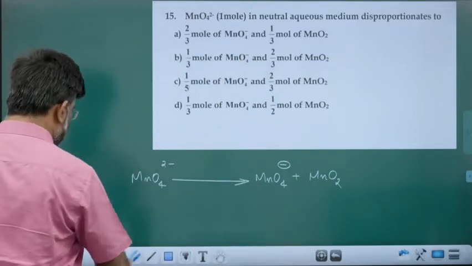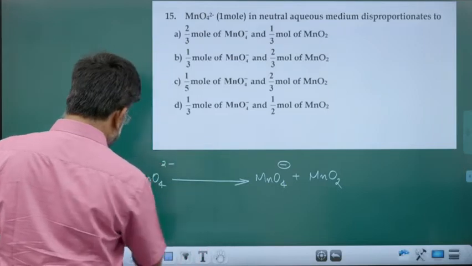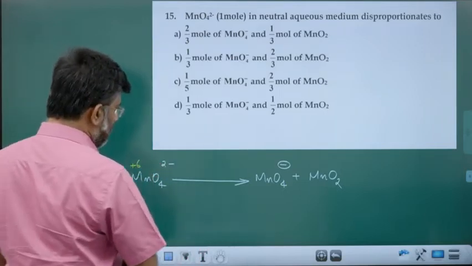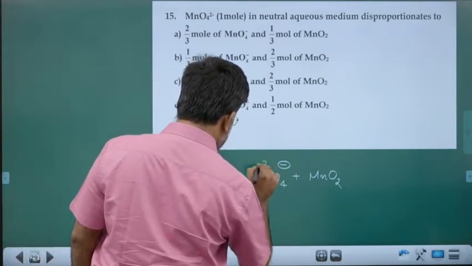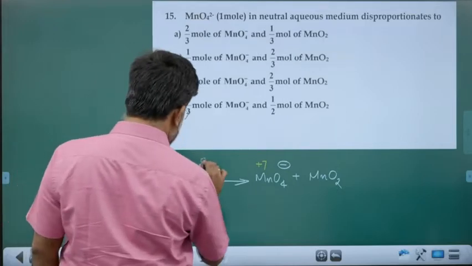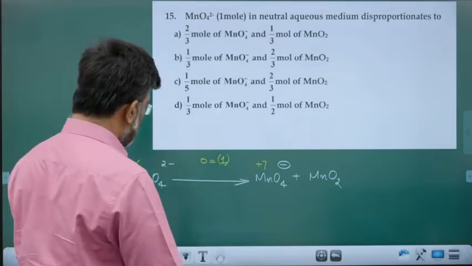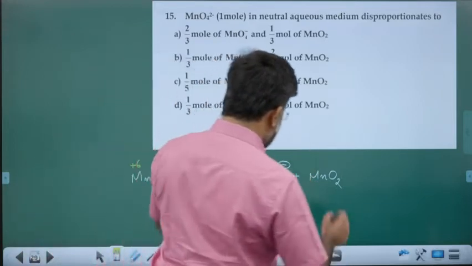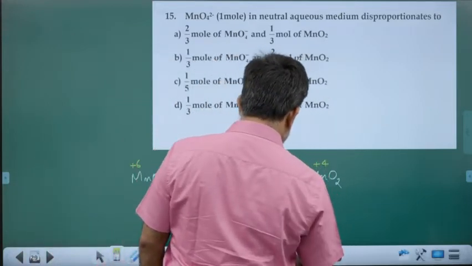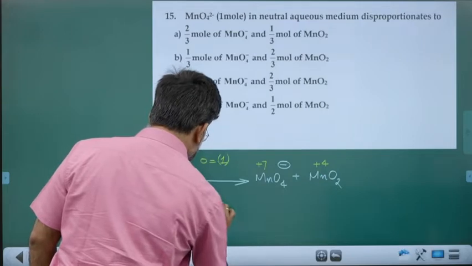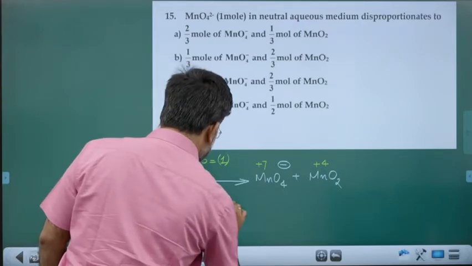Okay. Now what happens? Here it is +6. +6 is oxidized to +7, so oxidation n factor 1. And +6 is reduced to +4. That means reduction n factor is 2.